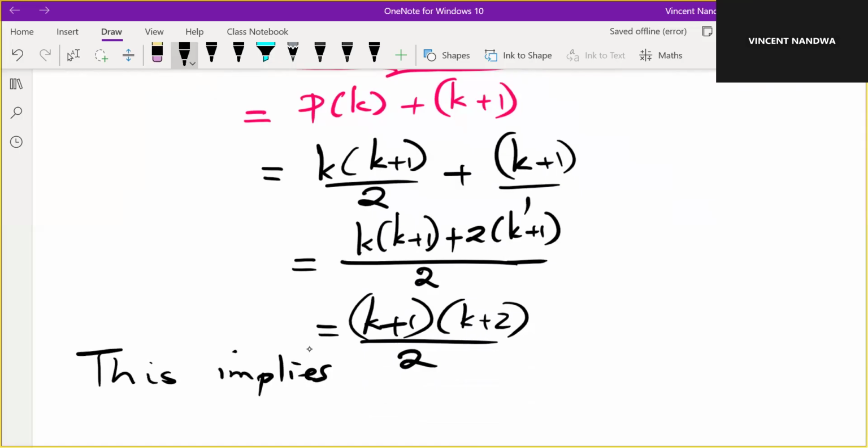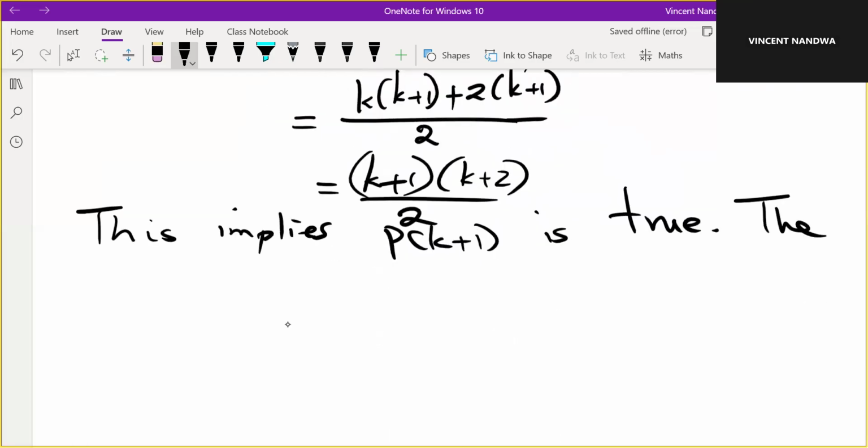Then once you have that one, this implies, I'll give you time to copy this one. You don't have to have the pressure of writing. This one will be done after the class. What I want is just for you to know the steps we need to follow. So this implies that P of k plus 1 is true. So the validity of P of k plus 1 confirms the validity of P of n.